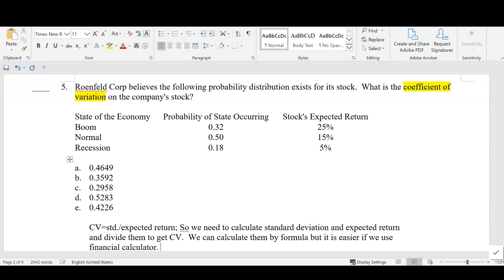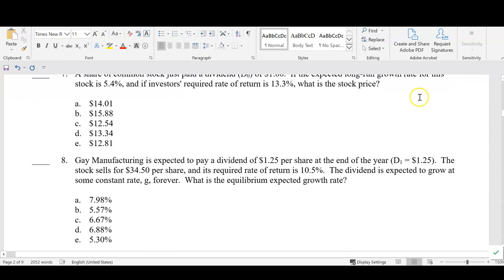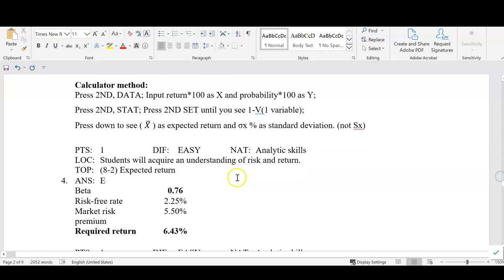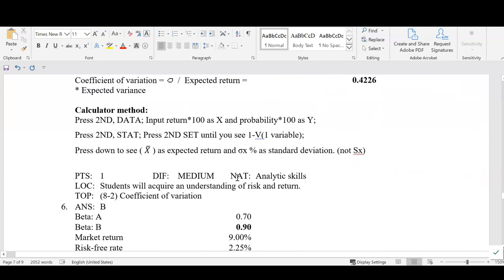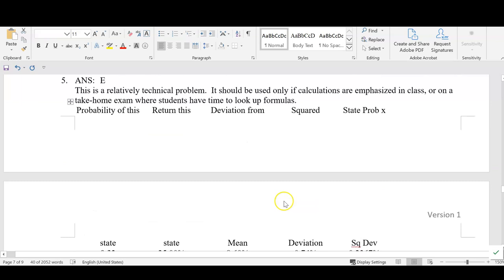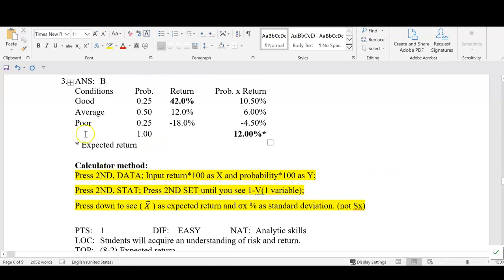Again, please see the end of the document for detailed steps. Let's go to question 5 at the end of the file to see the detailed financial calculator procedures. It's here. It's the same thing as we did for chapter 3.